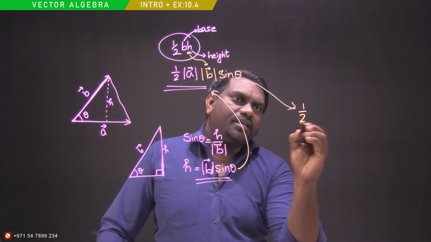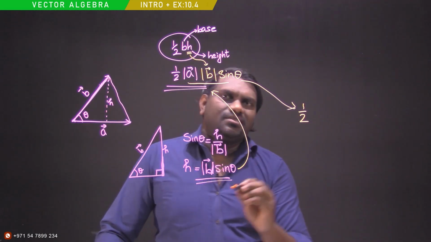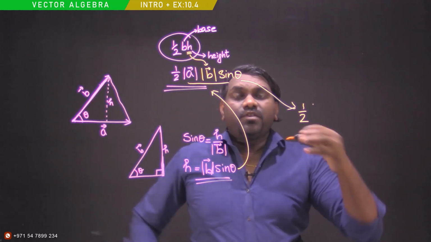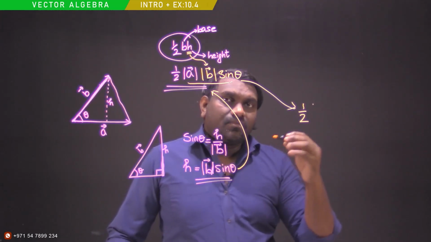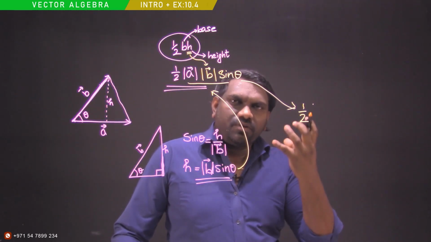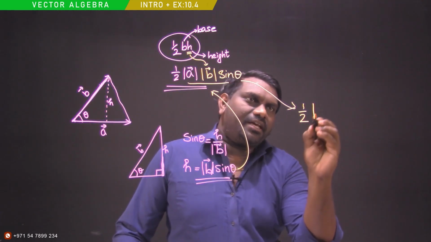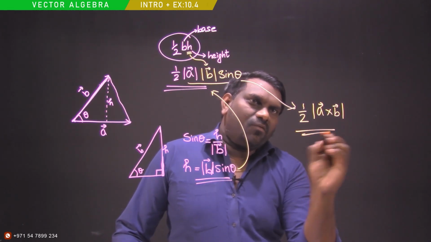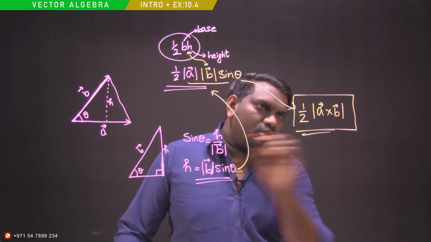Writing half, what are these things? If it asks to find the area, the area is a number, a quantity, a particular number. So that's why we will take the modulus of a vector cross b vector, dear. Fine. Very easy, very important.